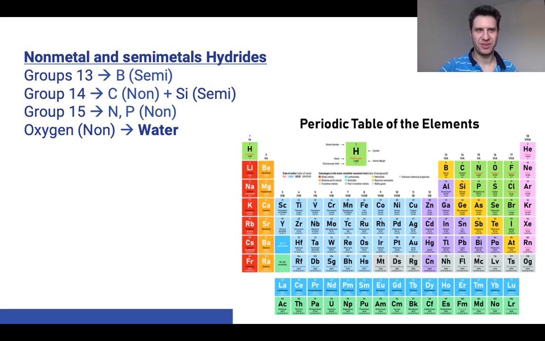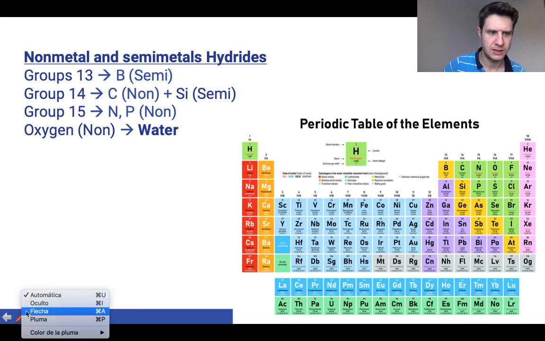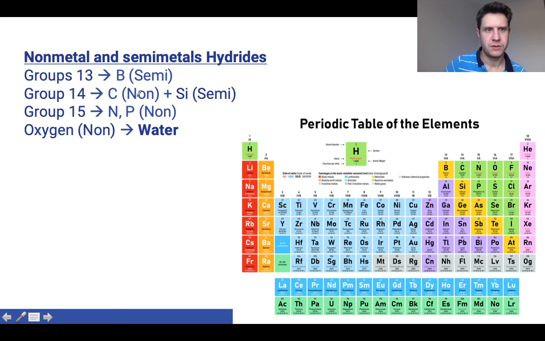Let's continue with the formulation, the third and last video about hydrates. We're going to finish with hydrates, and these three groups will be this one, boron, which is the third, group 14 with carbon and silicon, 15 with nitrogen and phosphorus.